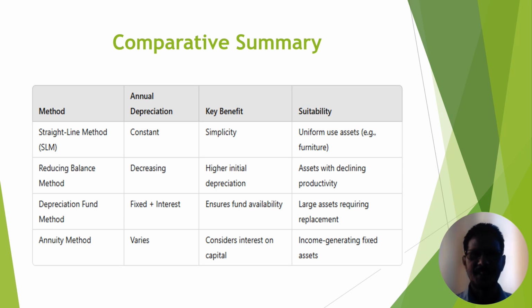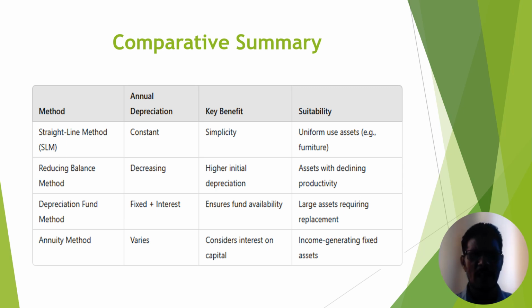Now, after that, the comparative study. We have four methods, and here we compare them in summary. Straight line method: every year the depreciation amount is constant, fixed.